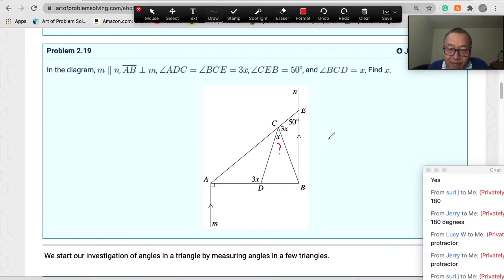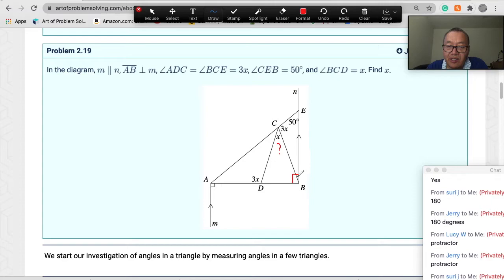To do that, first, this line is parallel with this line, so this angle also equals 90 degrees, right?